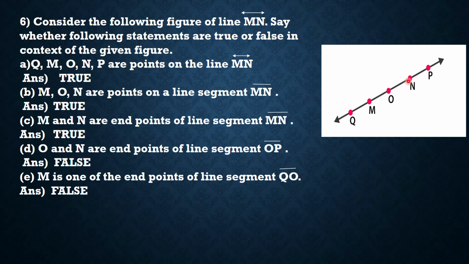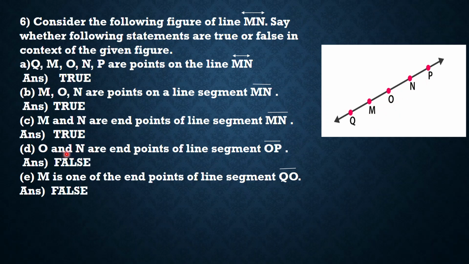So we have to see that MON are the points. If they ask whether Q is lying on line segment MON, no, it is not true. Then, M and N are endpoints of line segment MN. True, M and N are the endpoints of line segment MN.